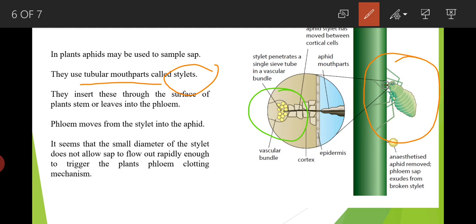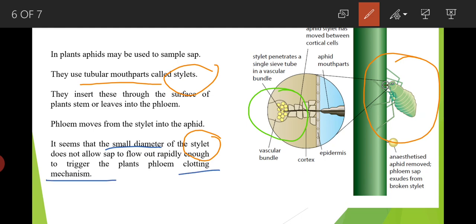This happens without damaging the phloem vessels, because the stylet mouth parts of the aphid are very small in diameter. This allows the aphid to collect the phloem sap freely and simply, because this small diameter doesn't trigger enough pressure to make the phloem vessels use the clotting mechanism.